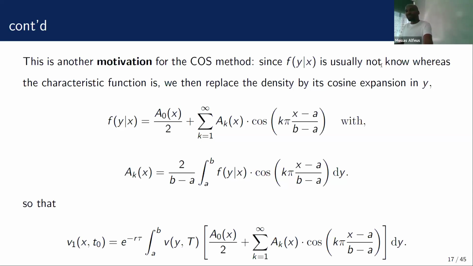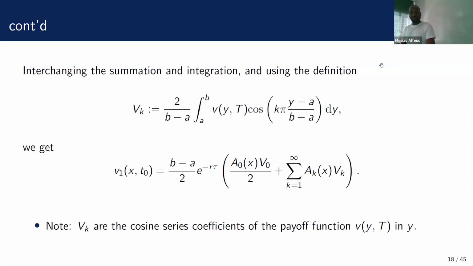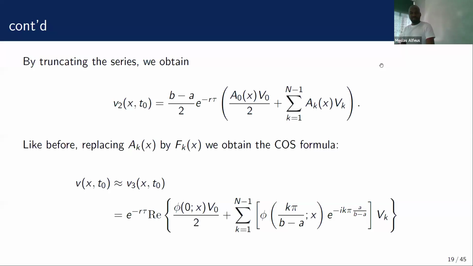We don't use it directly because in the final formula that we derive, the cosines are gone. All you have now is the characteristic function. So maybe you can achieve this in another way, but the characteristic function is what you have. So we are good once we get here.